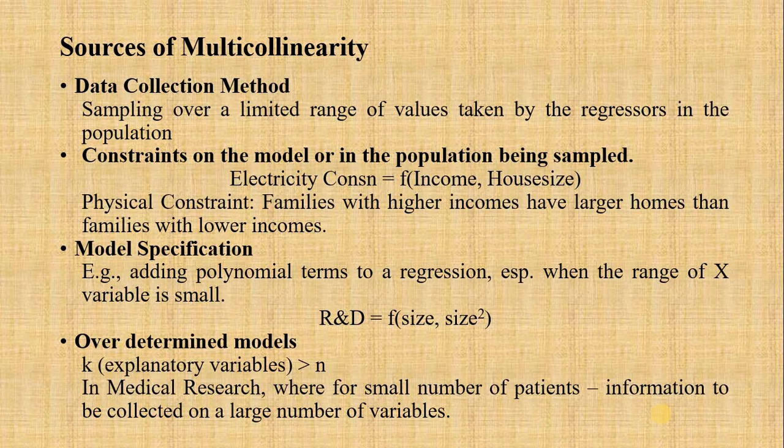For example, research and development cost is a function of size of the firm and size of the firm squared. Whenever the firm size increases, the R&D expenditure will fall first and then it will rise. Sorry, a U-shaped relation is there.